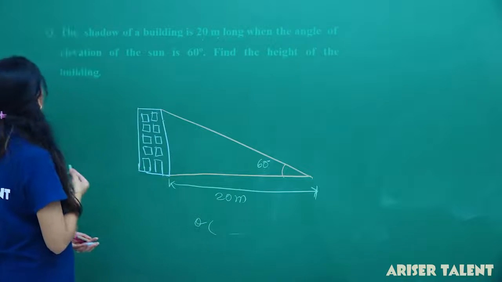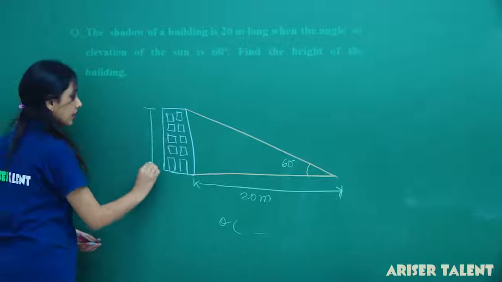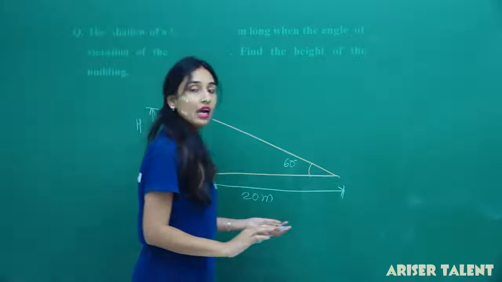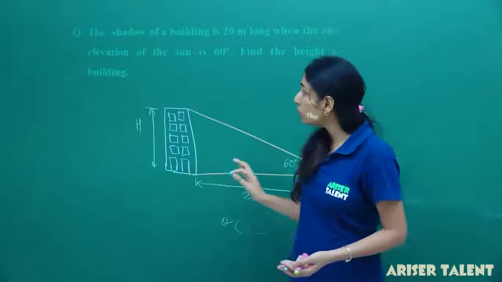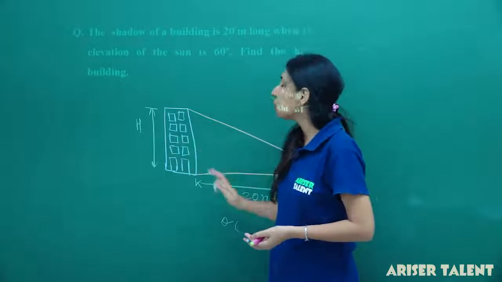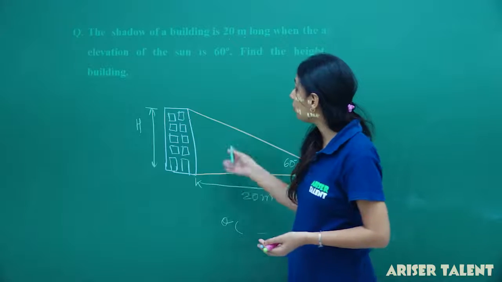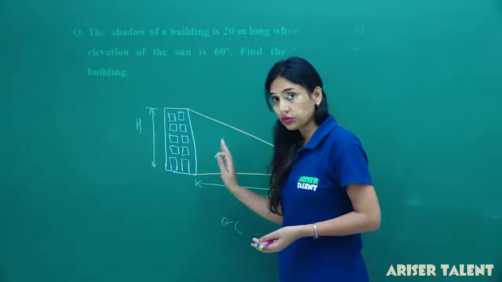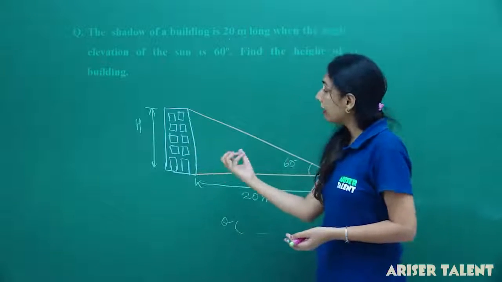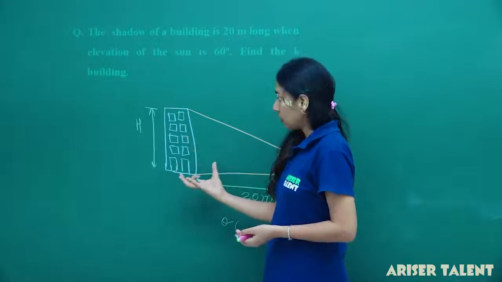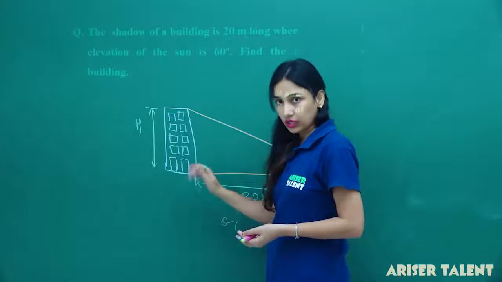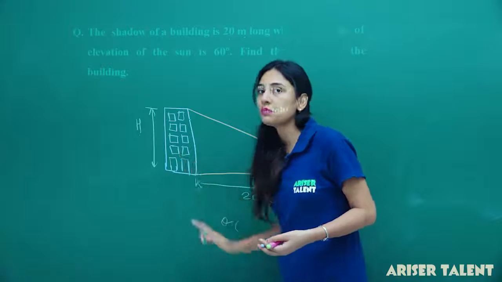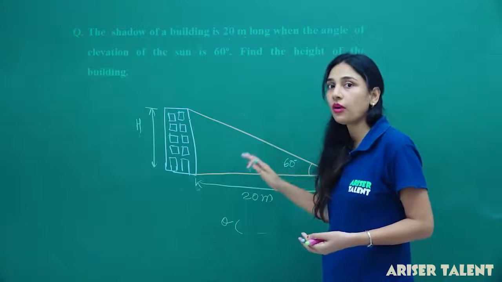Okay, find the height of the building. This is only a diagram I have drawn to help you feel how the condition is. So, you need not draw this building like this in your exams. You just have to view it so that you can understand in question number 1 only. In other questions, we will just draw a line. I will assume that is the building, this is the road, and this is what, and this is what.